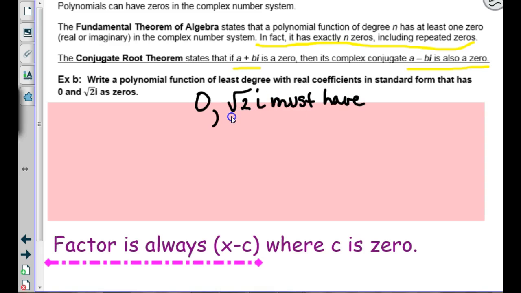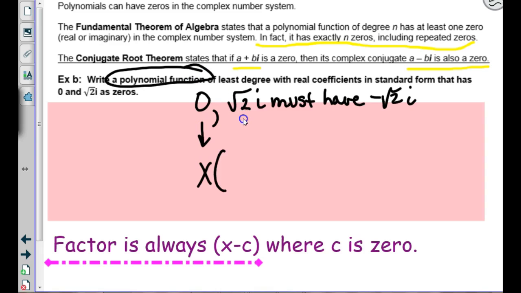Guys, if it has square root of 2 times i, then it has to have the conjugate, which would be negative square root of 2 times i. All right. So if we're supposed to write the polynomial function, what is the factor that makes that? Just an x. How do I write this as a factor? Just x minus square root of 2 times i.